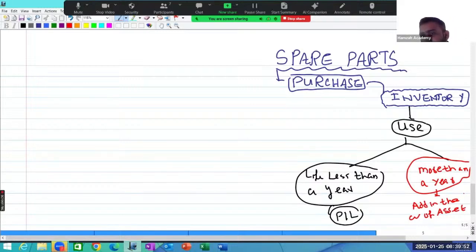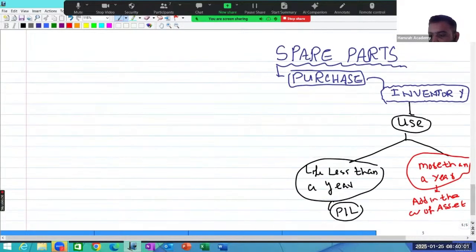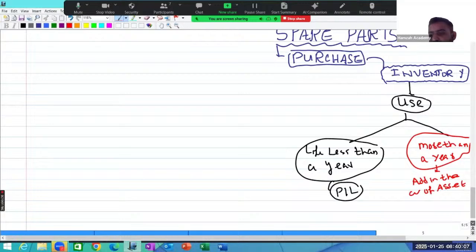Means it will be capitalized. So this will be the treatment of the spare parts.